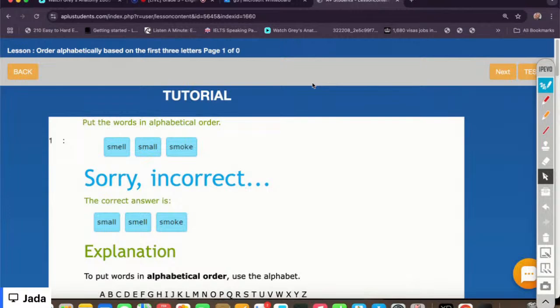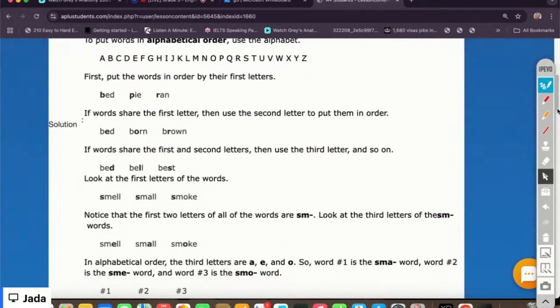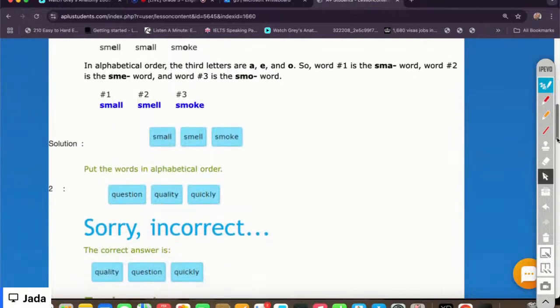It says to put the words in alphabetical order. The first one is smell, small, and then smoke. They all have the same first letters, SM, SM, SM. So let's see which one comes first. So small, smell, and then smoke, because A comes before E and E comes before O.